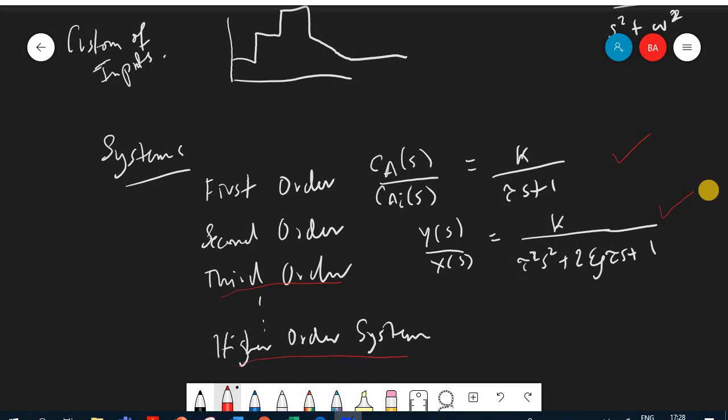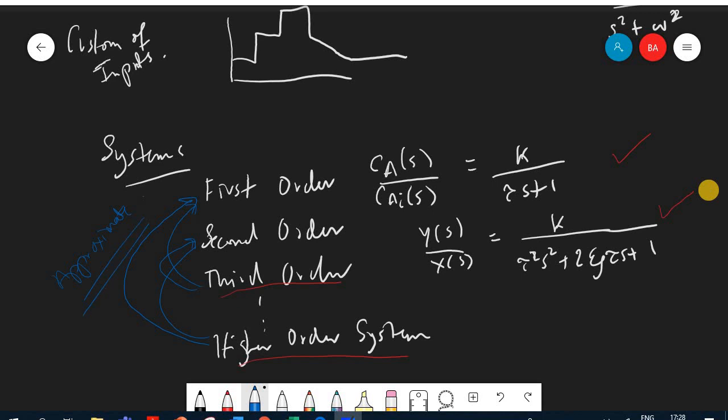So the simple thing that we are going to do is study later how to approximate higher order systems to first or second order. This will make our life much easier. Why?